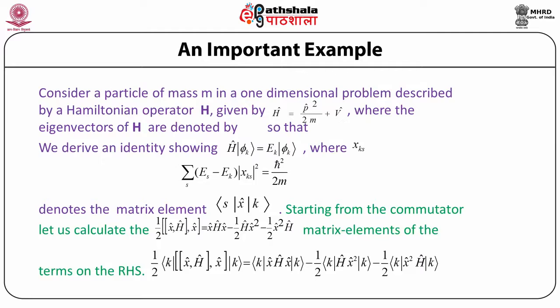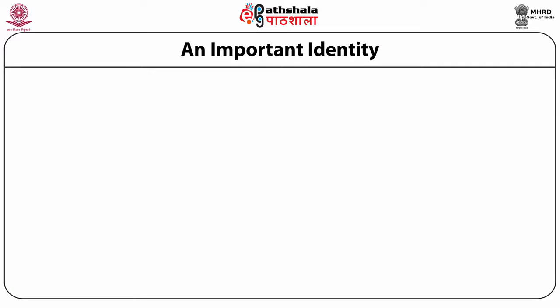So we can write half bra vector k, commutator of x and h with operator x, ket vector k is equal to bra vector k, operator x, operator h, operator x, ket vector k minus half bra vector k, operator h, operator x square, ket vector k minus half bra vector k, operator x whole square, operator h, ket vector k. An important identity.